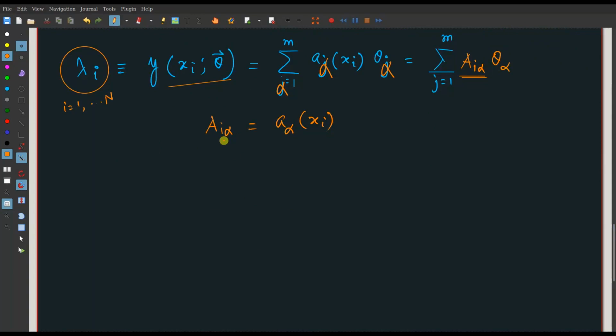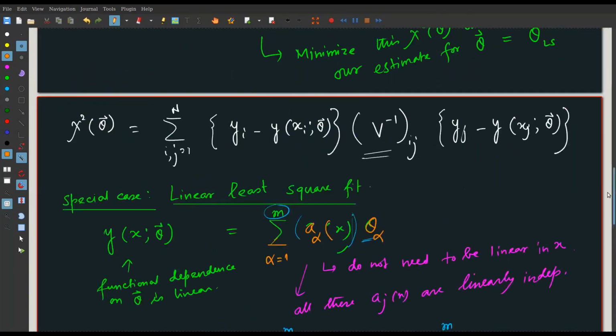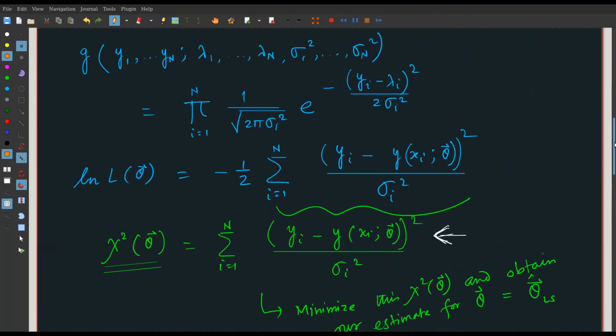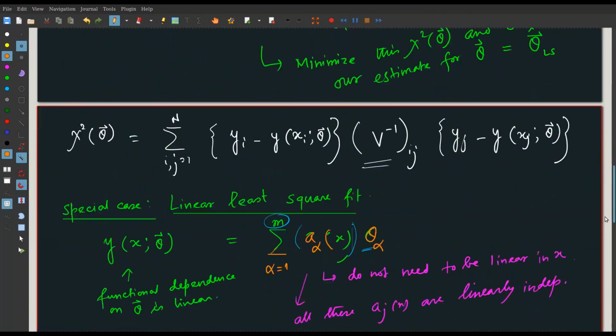Now, from the more general definition here, chi-square is basically a combination of three matrices. This is a row matrix. These are my lambda i's, and this is my lambda j.